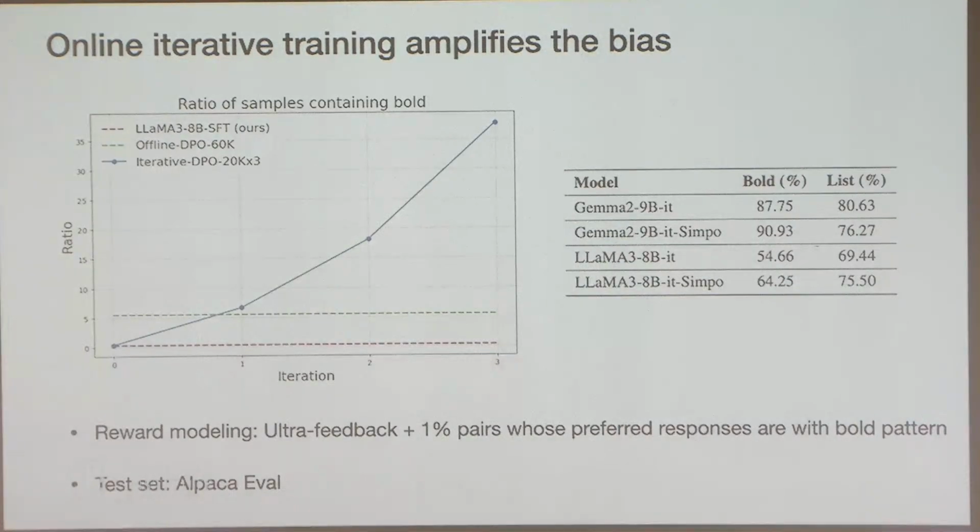Unfortunately, even with GPT-4 or human raters, we still have such a shortcut. You can also see from this other very famous open source dataset a significant bias in both the bold pattern and the list pattern. I think this teaches us two lessons.